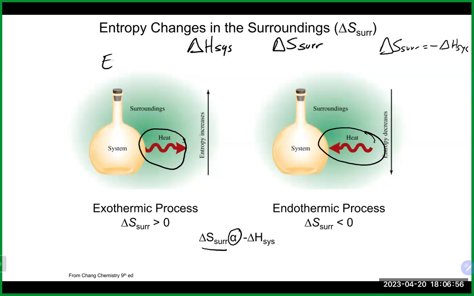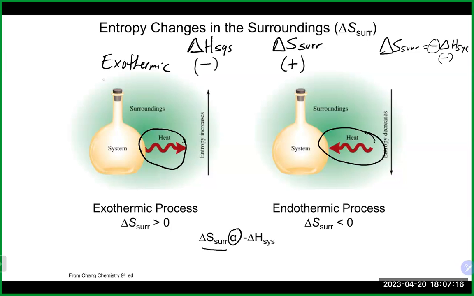If I have an exothermic process, my delta H value should be a negative number, which means a negative and a negative will turn my delta S of the surroundings into a positive number here.